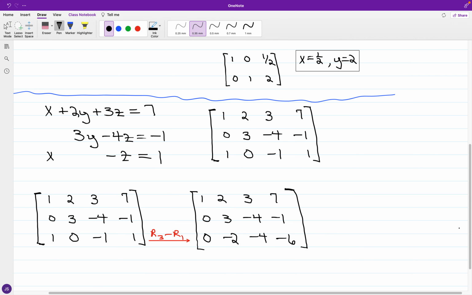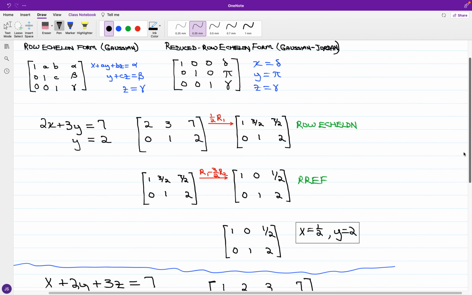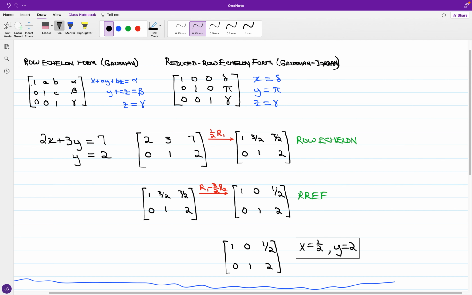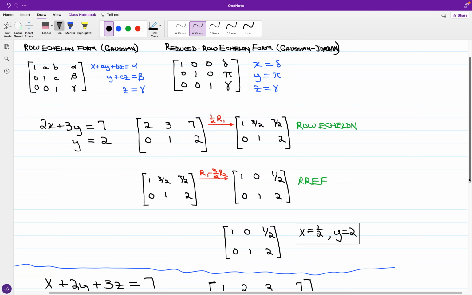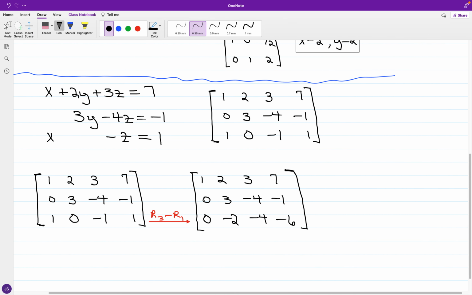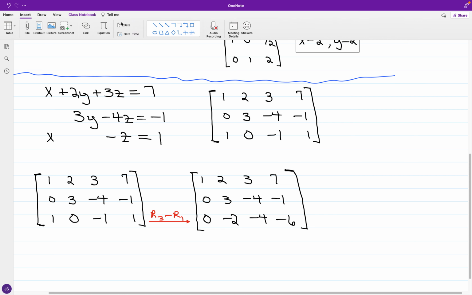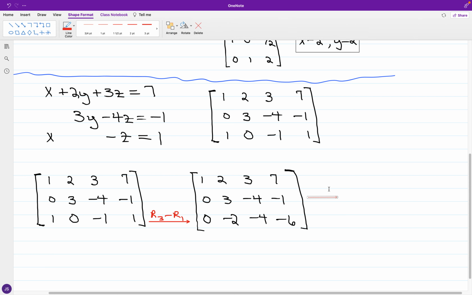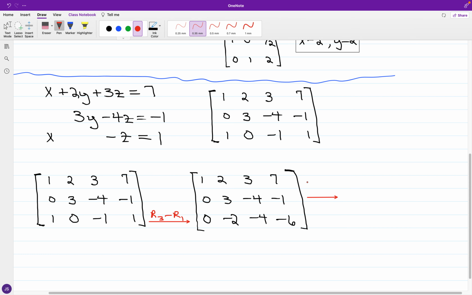Now, again, we have the row echelon form. I have 1 in the upper left-hand corner, and for the second row, I want 0 at the front, followed by 1. Right now we've got 0 at the front, and I want to change this 3 to a 1. So, getting closer to the row echelon form, I can take 1/3 of the second row.